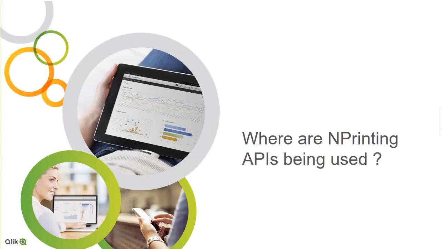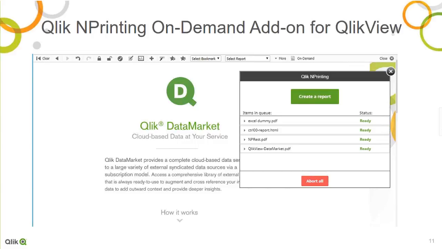Now, let's look at some applications where NPrinting APIs are being used. There are several applications where the APIs are being used. The first application we have is the QlikView NPrinting on-demand module. Since NPrinting version 17.2.2, there is a module available from qlik.com for you to download.